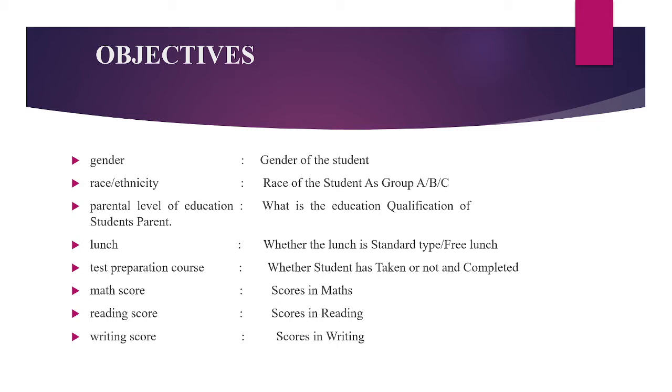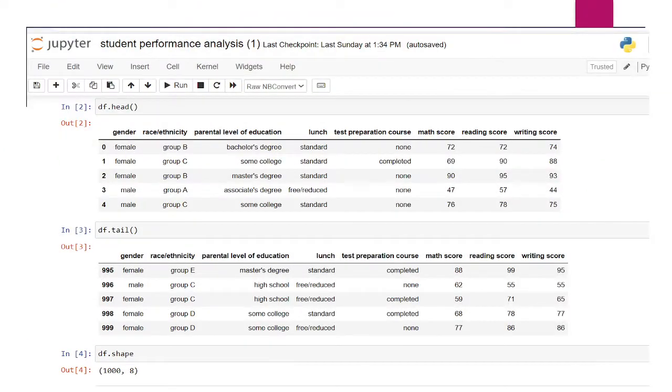Test preparation courses is also important, whether the student has taken and completed it. Some students take courses only for the sake of showing. And math score, reading score, writing score. These are some outputs of the project.